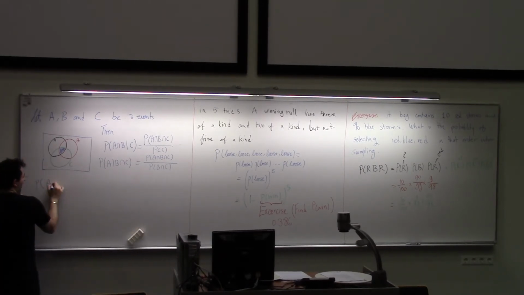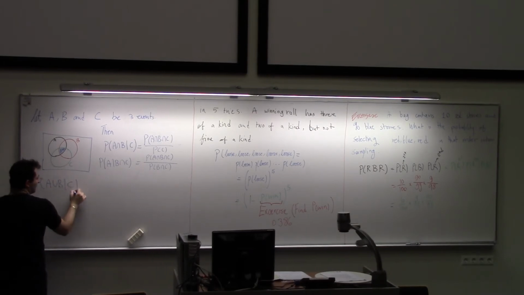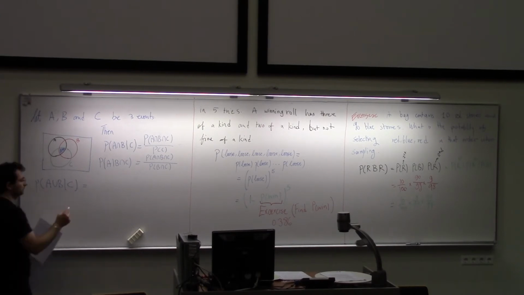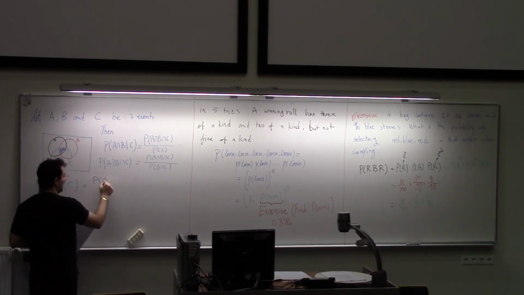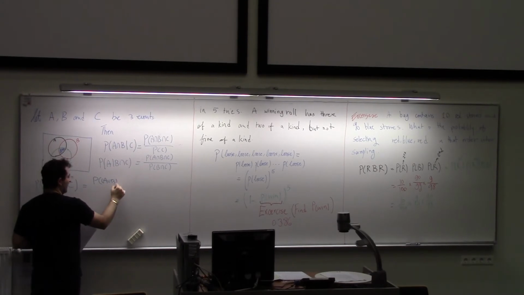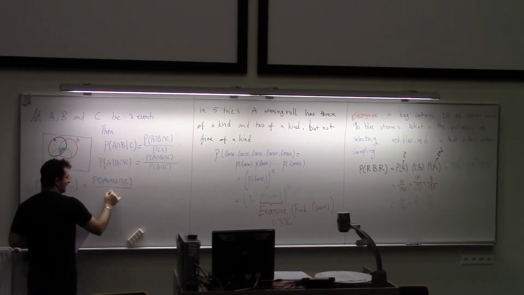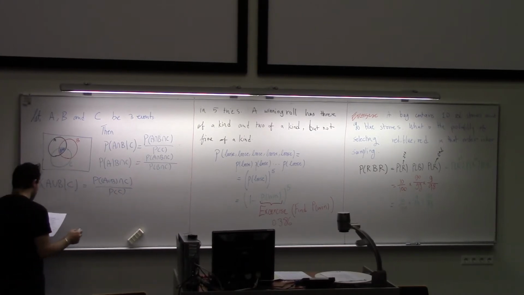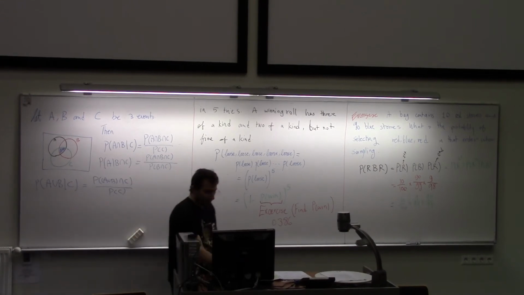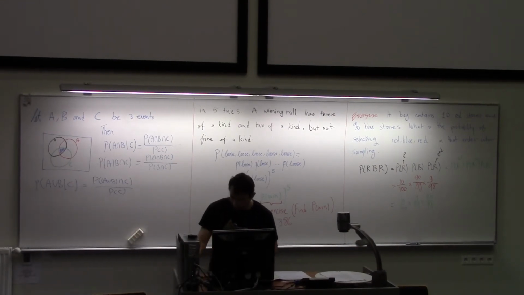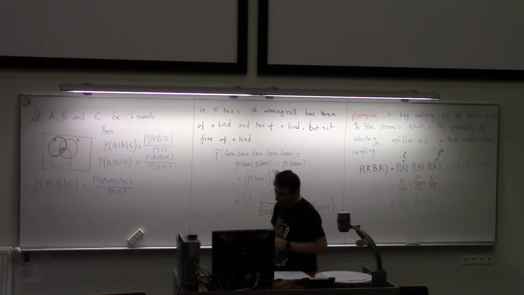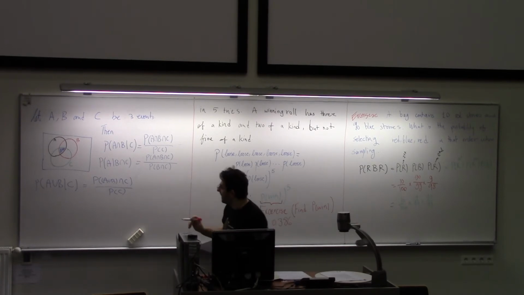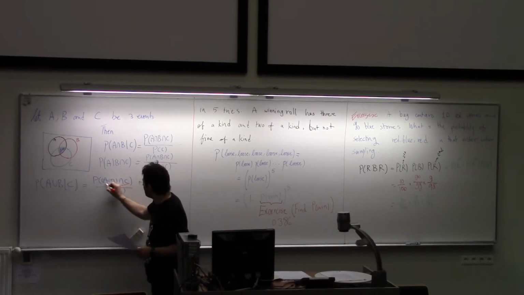Probability of A union B given C is probability of A union B intersected by C divided by probability of C. What is this expression?